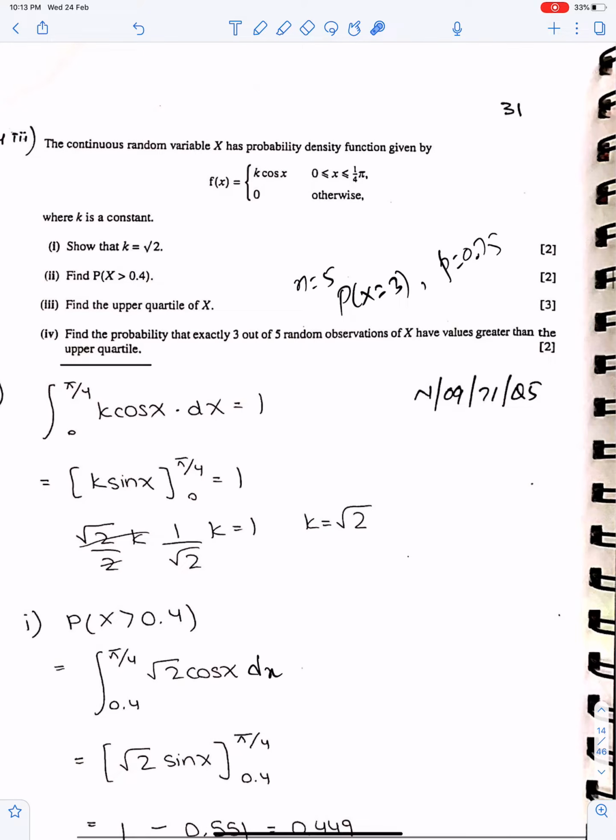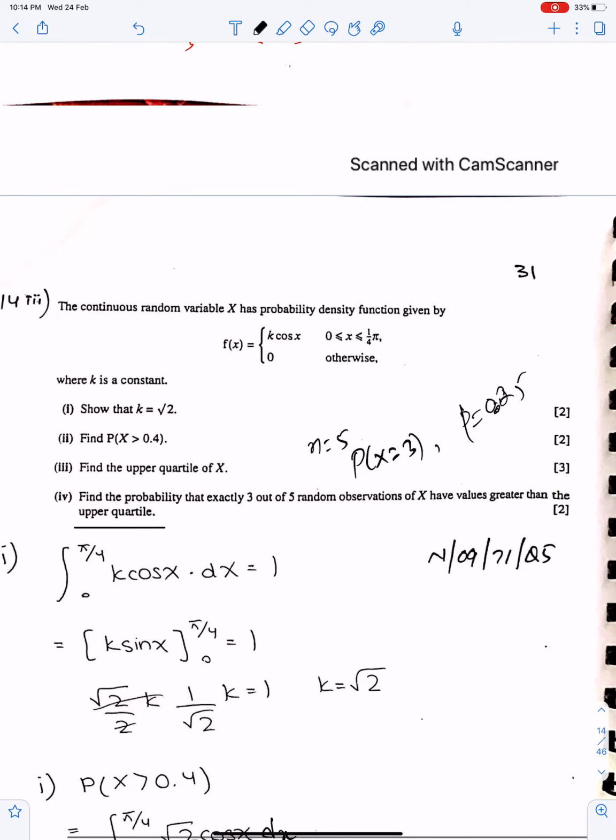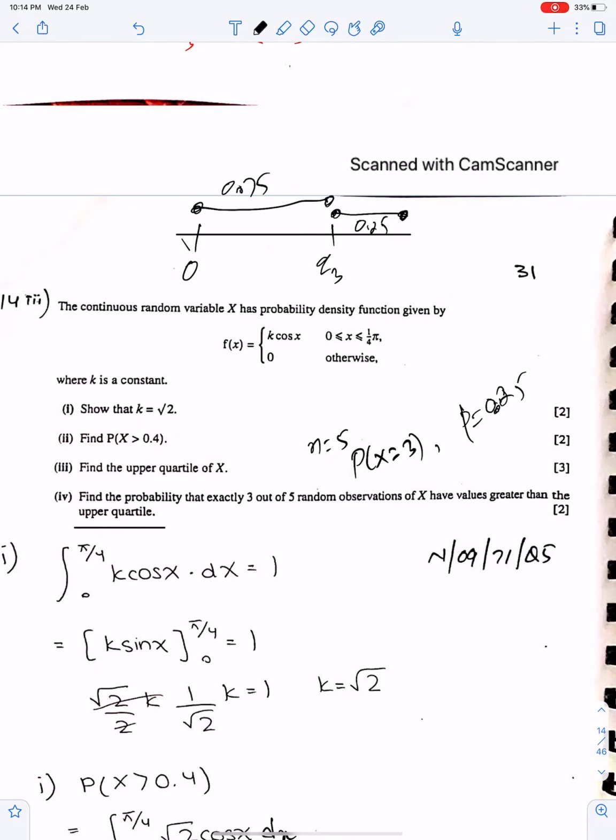Greater than the upper quartile, so the probability will be 0.25. Make sure you use the right value of p according to the given information.